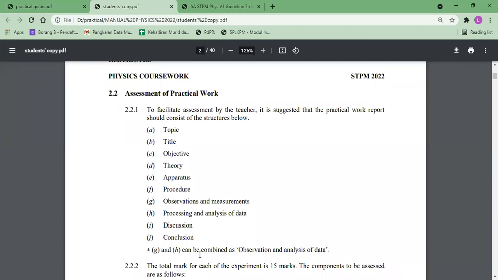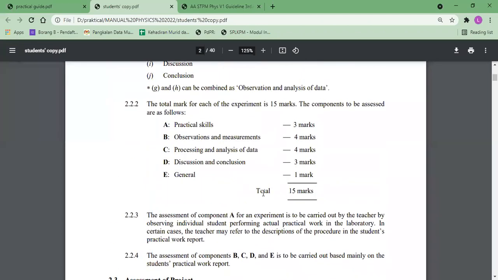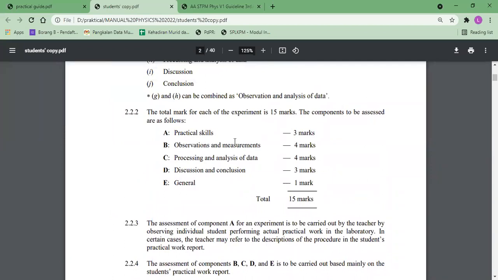You see, G and H can be combined as observation and analysis of data. Later we look at the details of the marks scheme. We have practical skill for A, so I just need to evaluate 5 parts only.